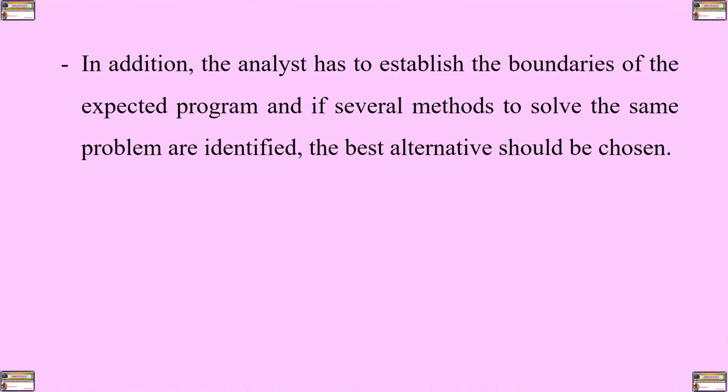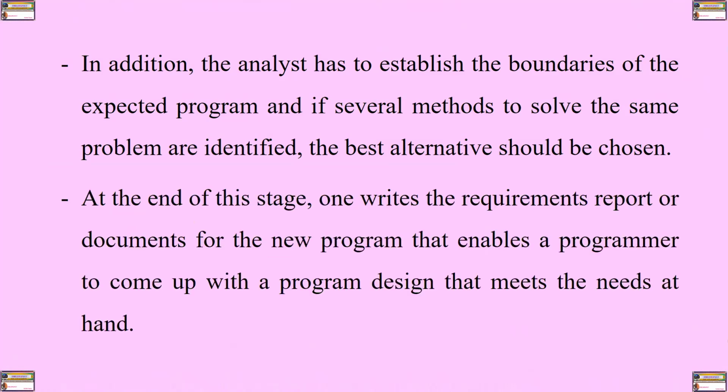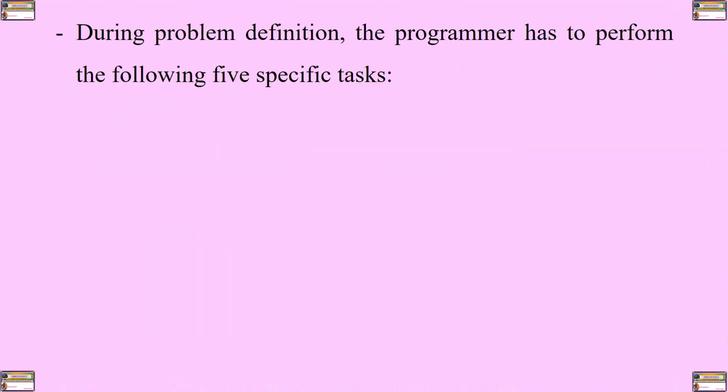In addition, the analyst has to establish the boundaries of the expected program, and if several methods to solve the same problem are identified, the best alternative should be chosen. At the end of this stage, one writes the requirements report or documents for the new program that enables a programmer to come up with a program design that meets the needs at hand.